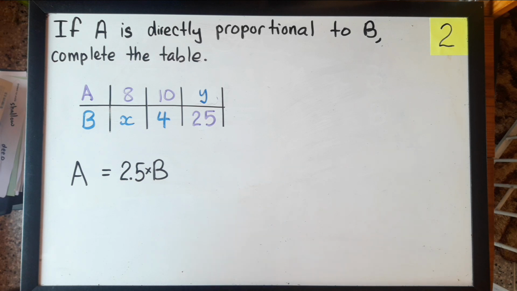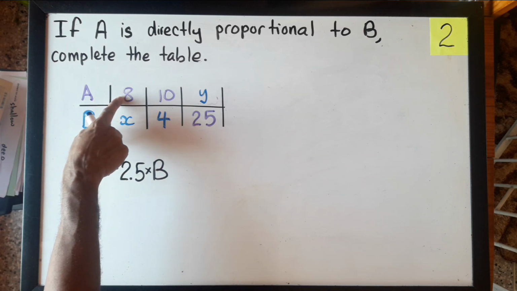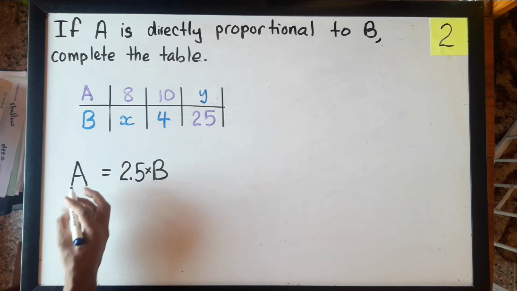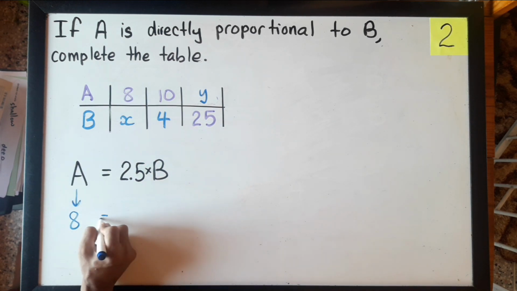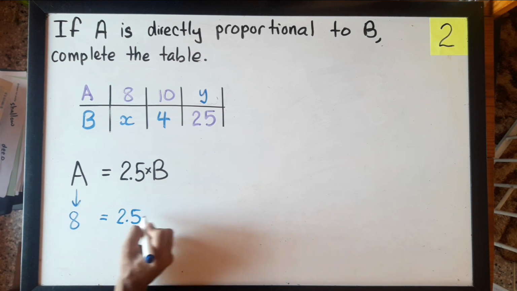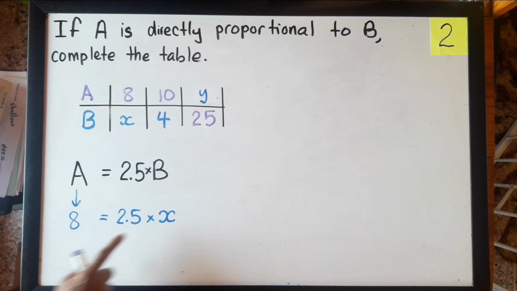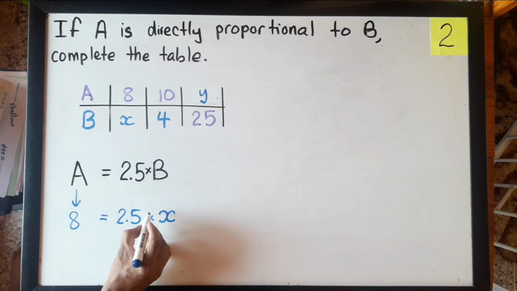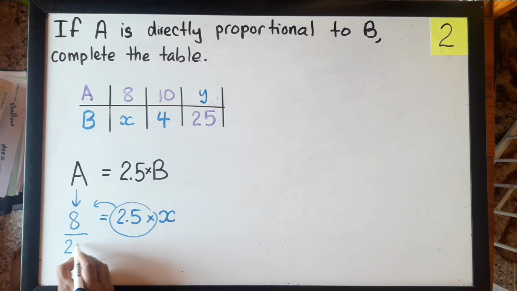So how do we figure out X? Well, according to this column, when A is 8, B is X. So A is 8, it's equal to 2.5 multiplied by B. But how much is B? B is X. So all we have to do is solve for X. We just throw across a multiply to get a divide.